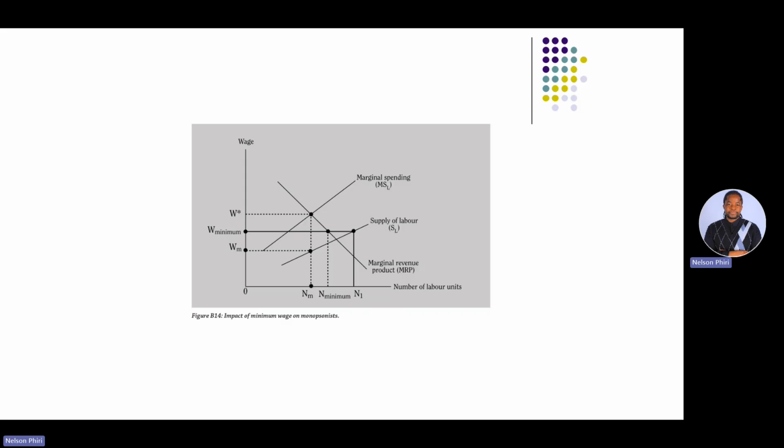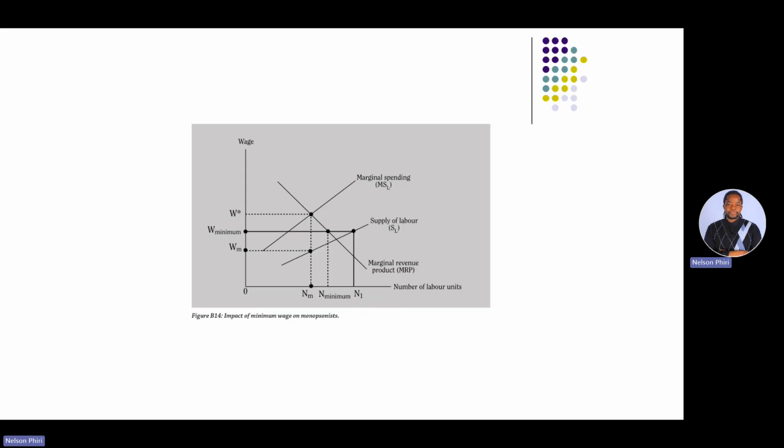So your marginal product is equal to your minimum wage. You can see the employment level increases compared to the monopsonistic market, NM to NM minimum, that's the number of workers employed. And also the wage rate increases from WM to W minimum when you compare the monopsonistic to the union minimum wage.